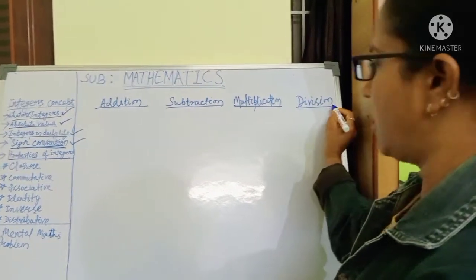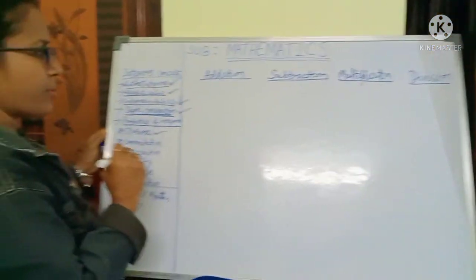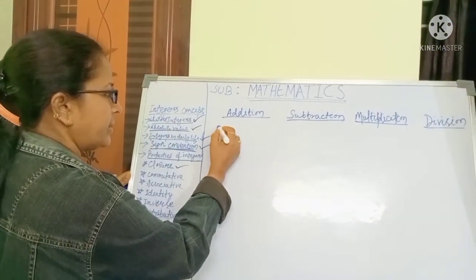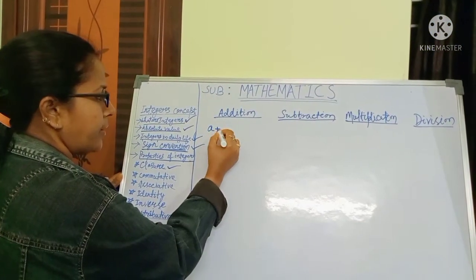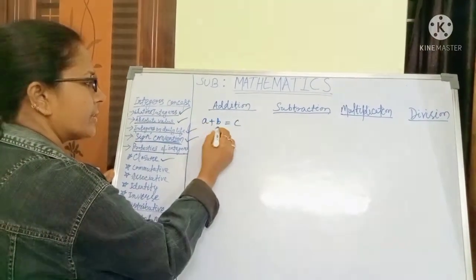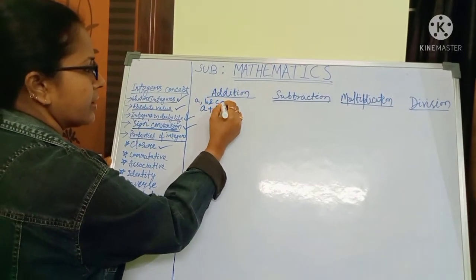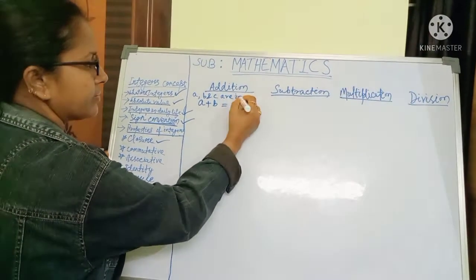How do these properties work? The first one is the closure property. The closure property is nothing but a plus b equal to c, where a, b and c are all integers.